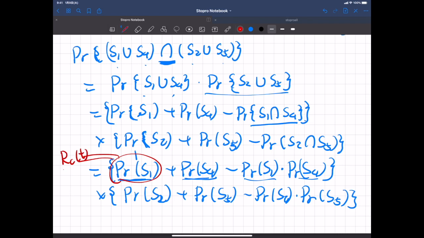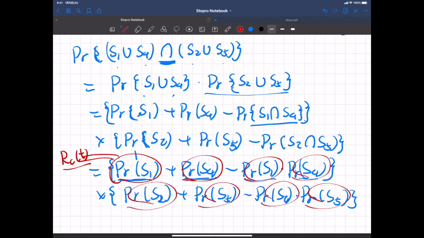So it's the reliability of each component. So all this should be the same function. Okay, so that means this is equal to 2RC of t, and this is RC squared, and everything is repeated, so everything here is squared.